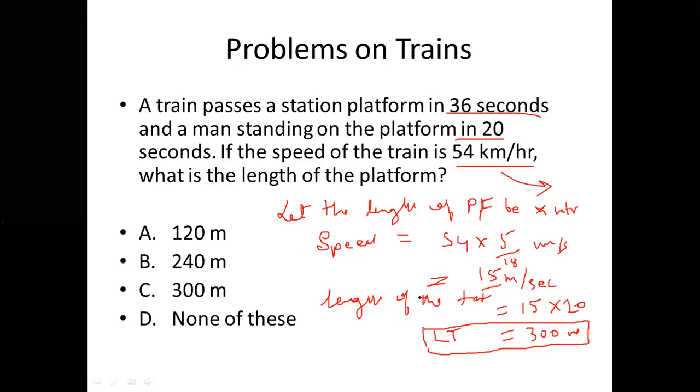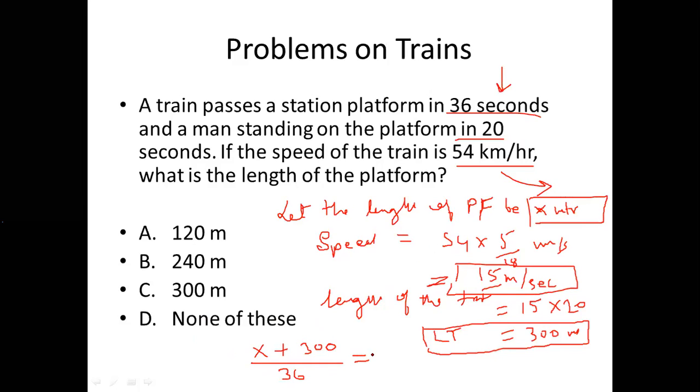We have the speed we have calculated, that is 15 meters per second. Now, as we have considered the length of the platform as x meters, we will add this again as we did in the previous problem. So x plus 300, where x is the length of the platform plus the length of the train, divided by the time given, 36 seconds.